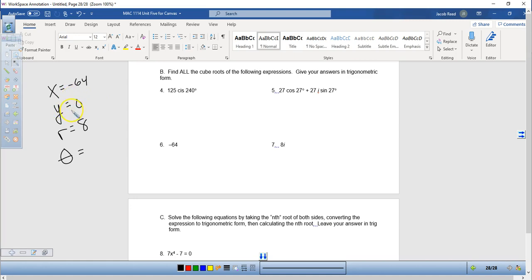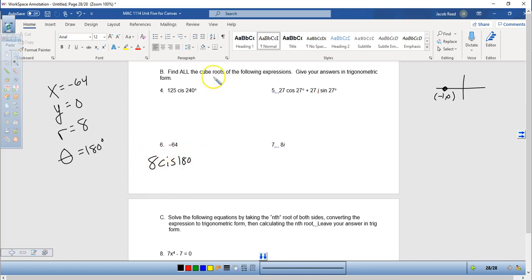Well, tangent theta is 0 over negative 64. Thinking of that in a little bit different light, y is 0 and x is a negative number. That's 180 degrees, a quadrantal angle. So that means this is 64 cosine plus i sine of 180 degrees.